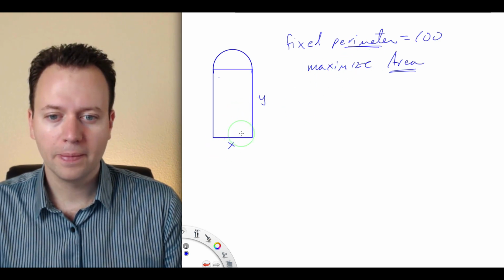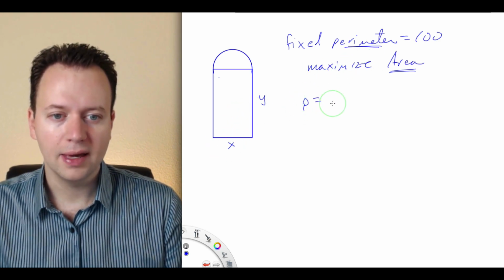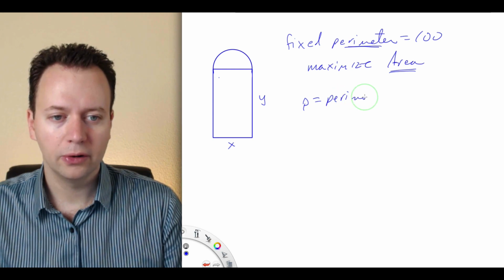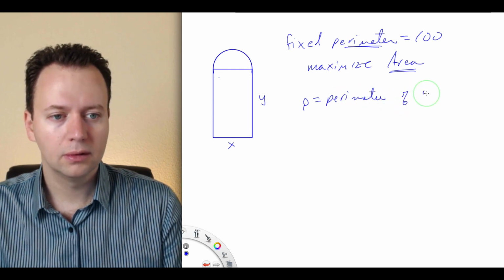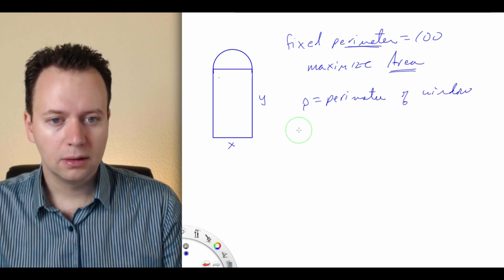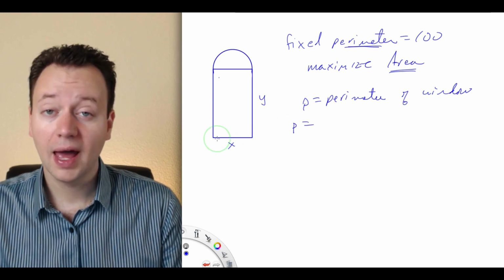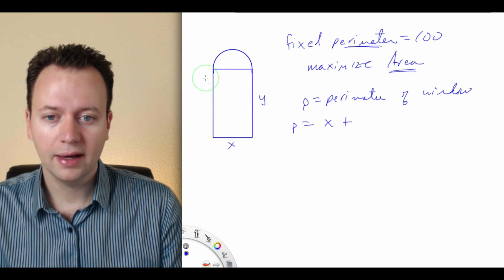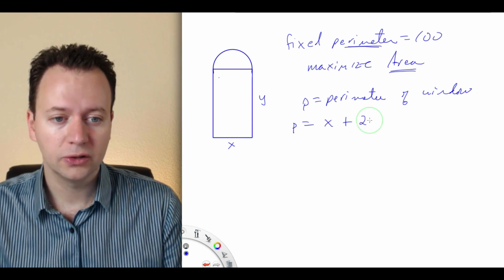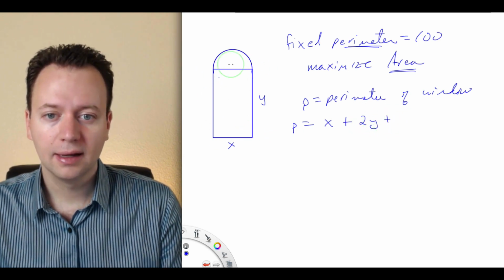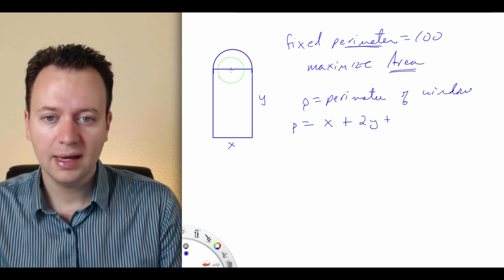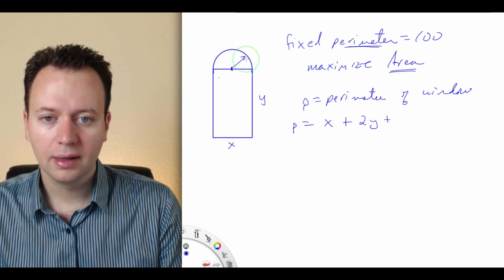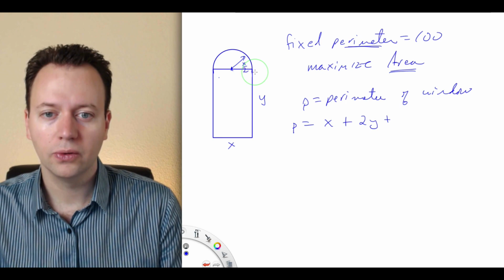Let's call the perimeter P. So let's define this as the perimeter of the window. P is going to equal, well, we have length x at the bottom, so it's going to be x, plus we have a length y here, length y there, so x plus 2y, and then plus the perimeter of the top. Now the radius of the top is going to be x over 2.